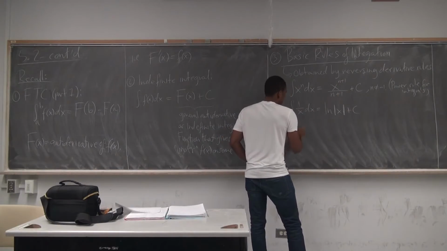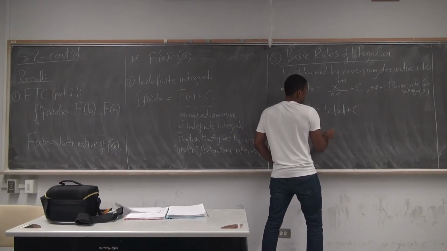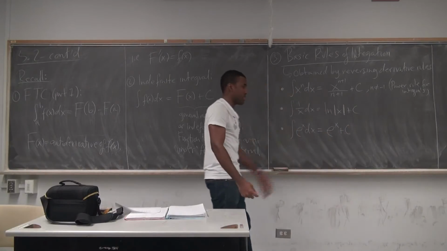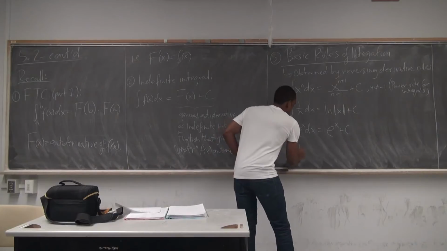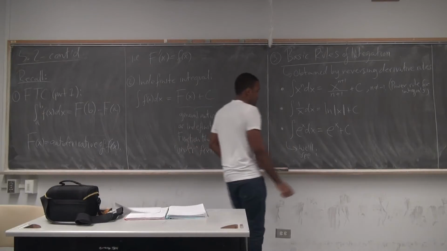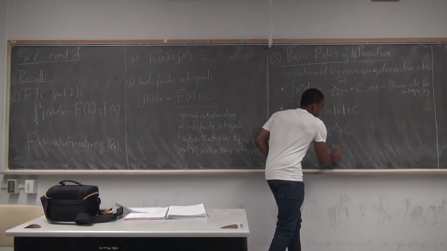Another one we have is the integral of e to the x dx. We know that is e to the x plus c, because the derivative of e to the x is e to the x. We'll see later today where this formula comes from, but we can generalize this formula a little bit because it's convenient to do so.